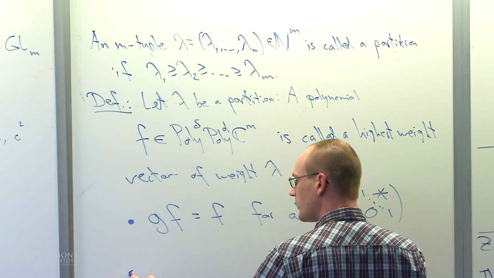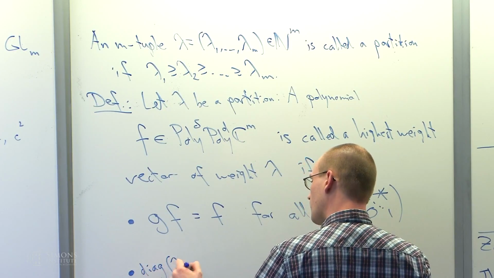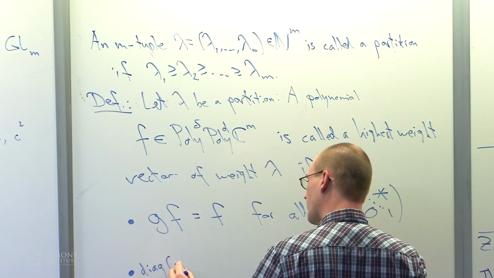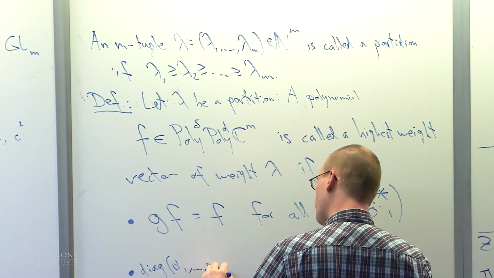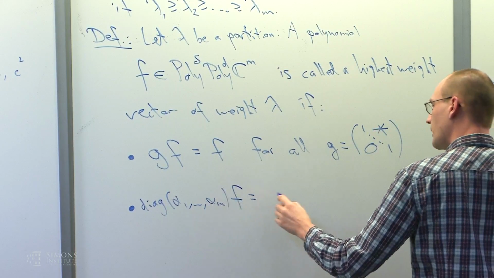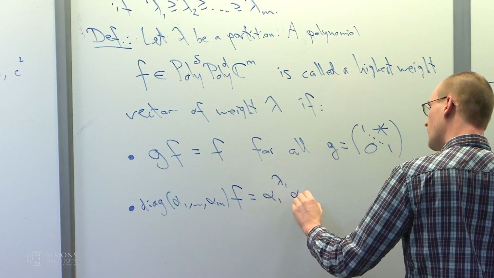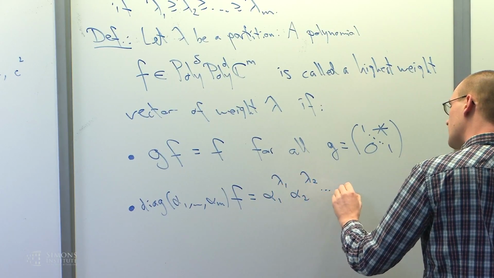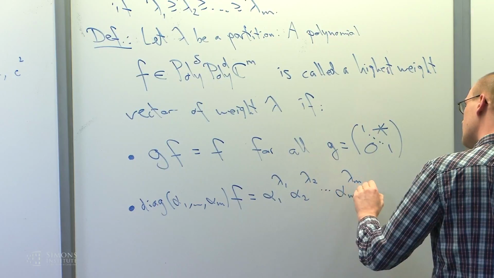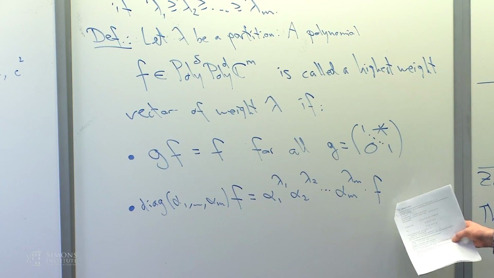And the second is, if you have a diagonal matrix, say you have some constants on your diagonal, alpha 1 up to alpha m, and you apply it to your f, then it just rescales. And how does it rescale? It rescales by alpha 1 to the lambda 1, alpha 2 to the lambda 2, so that just tells you how it rescales. And the discriminant also does that.